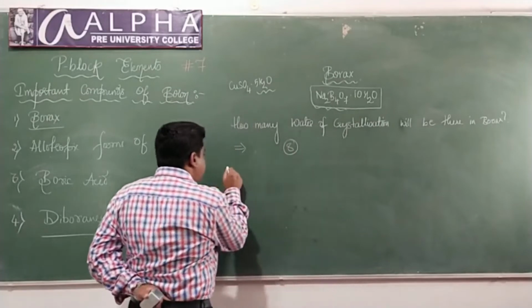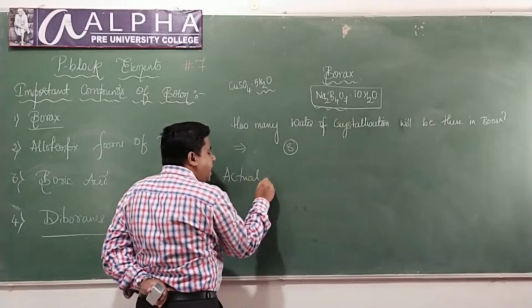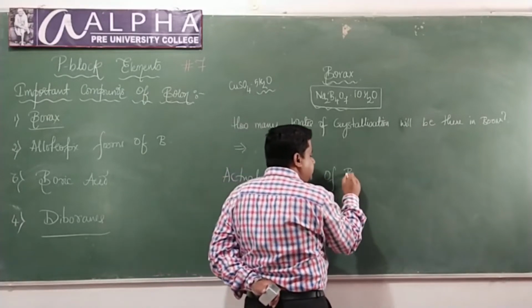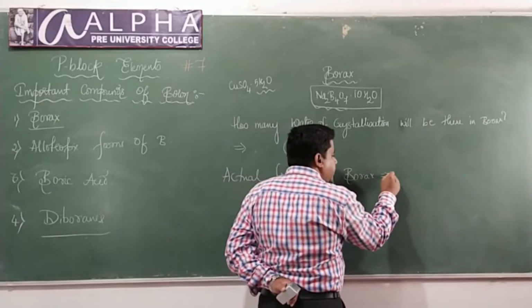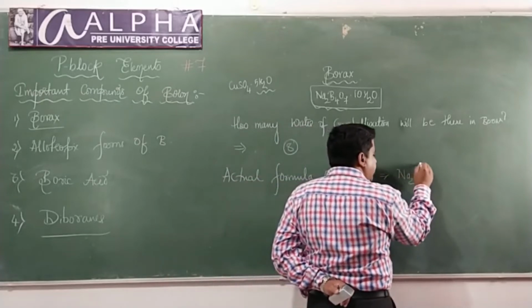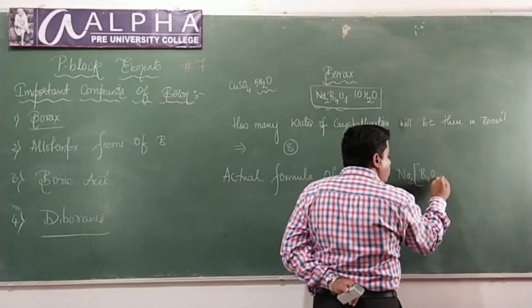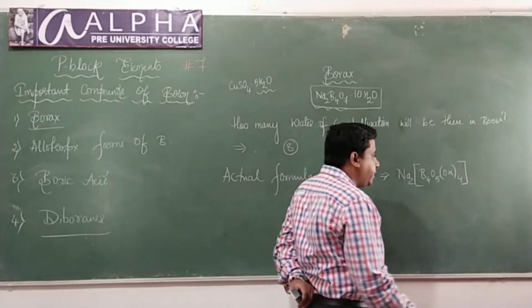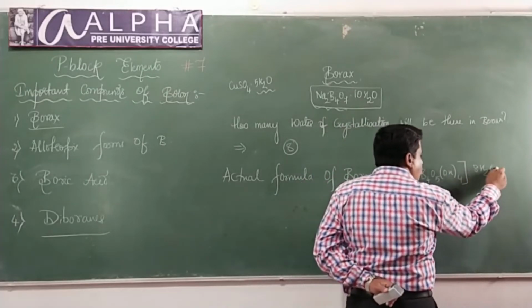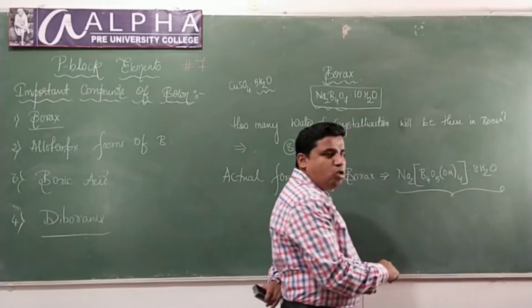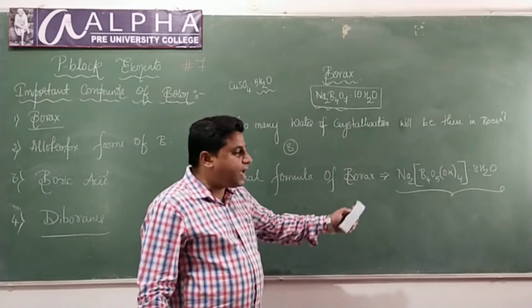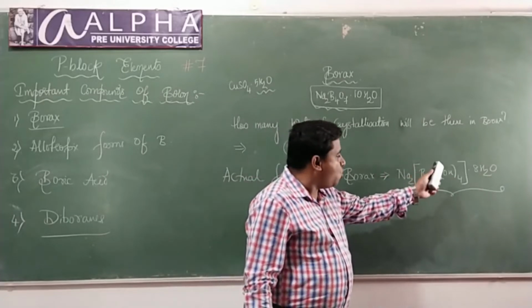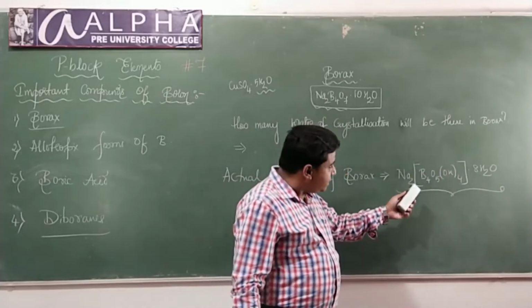Look at the actual formula: Na2B4O5(OH)4 dot 8H2O. This is the actual formula of borax.